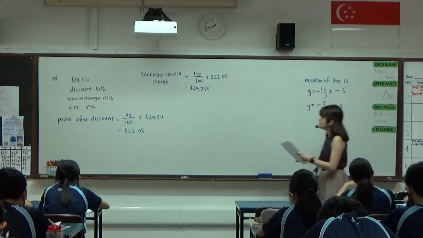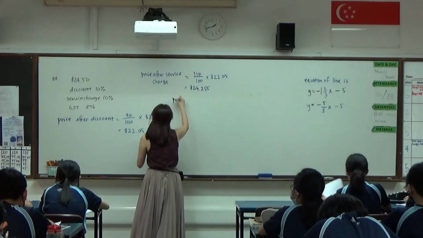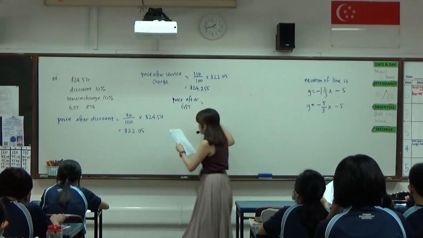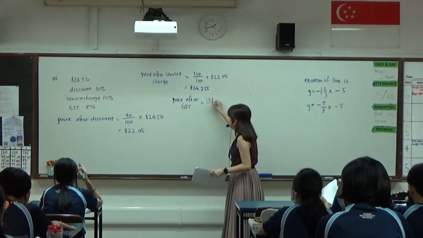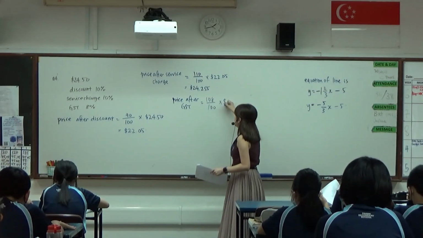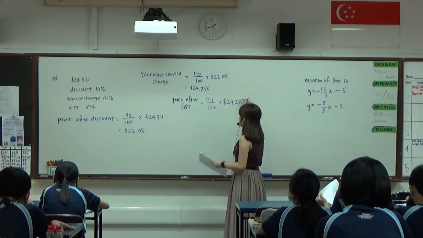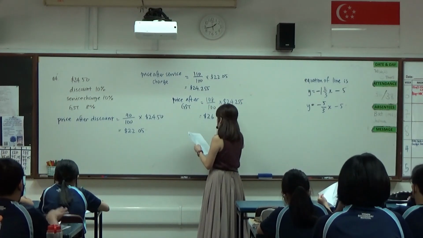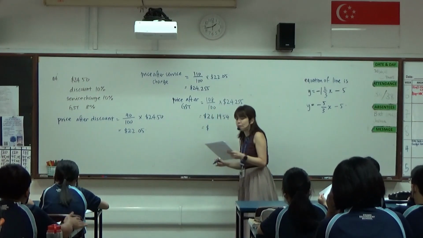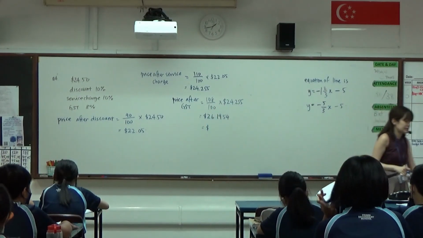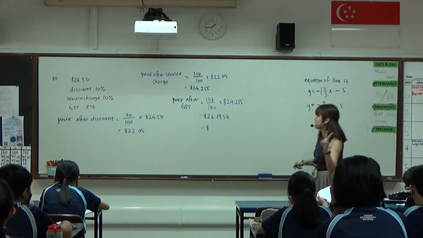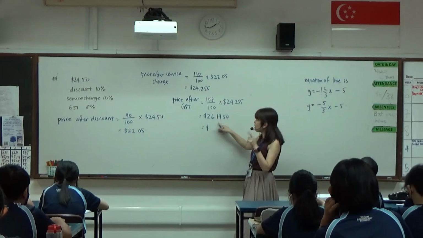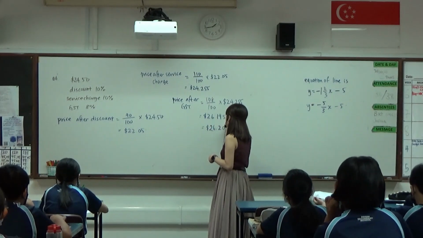And then the price after GST will be 108% of your 24.255. That will give us 26.1954. For money, we always round off to how many decimal places? 2 decimal places, nearest 1 cent. So the digit is a 5, 9, round up, so 26.20.